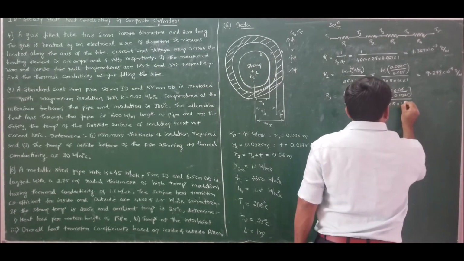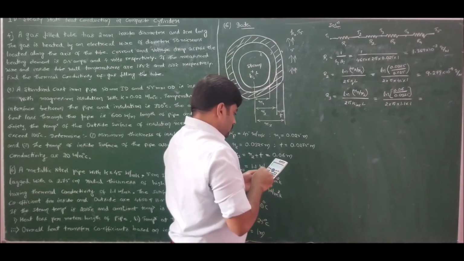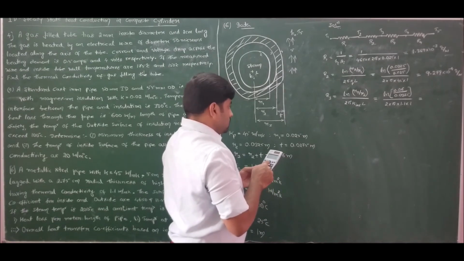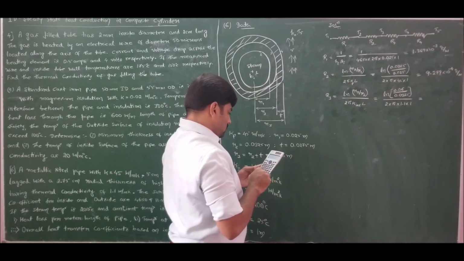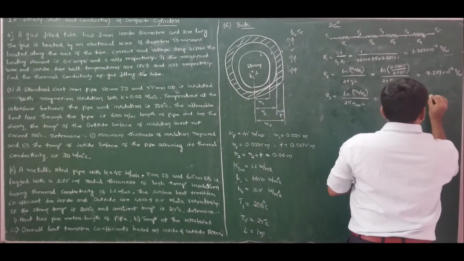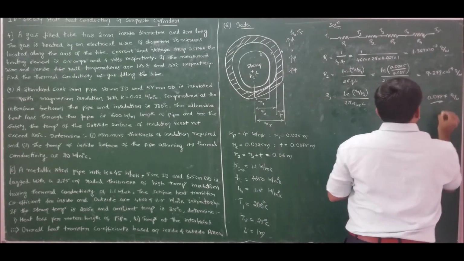Thermal conductivity of insulation is 1.1, length is 1 meter. So solving which we will get the answer for resistance R3 as 0.0887 degrees Celsius per watt.